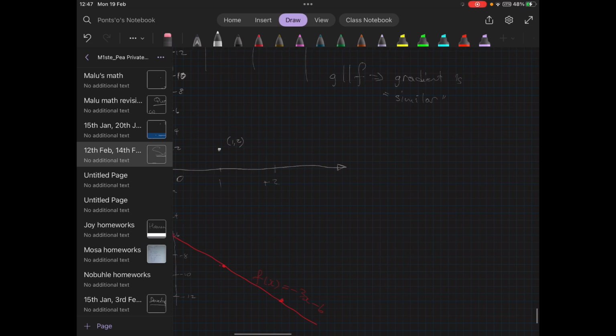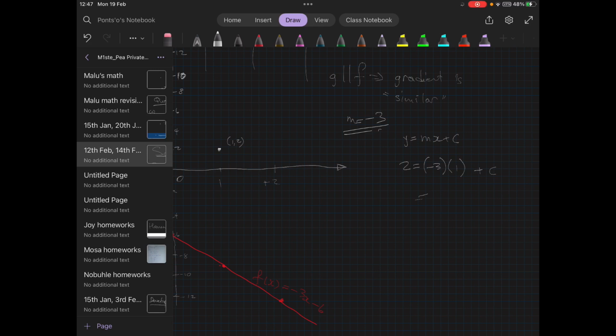So where do we start? If we have y equals mx plus c, and let's say our gradient is negative 3, then where y is 2 and our gradient is negative 3 and x is 1, what's the value of c? c is simply negative 3 times 1, which is negative 3.